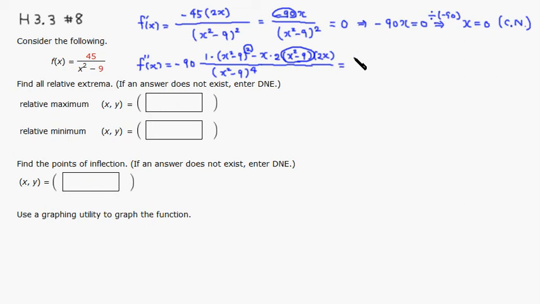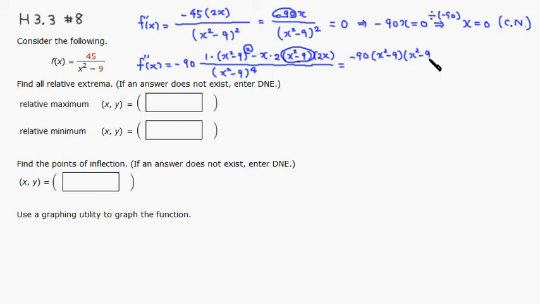So you have a negative 90 there, then you have x squared minus 9. Once you pull that out from the first term, you actually have another x squared minus 9.